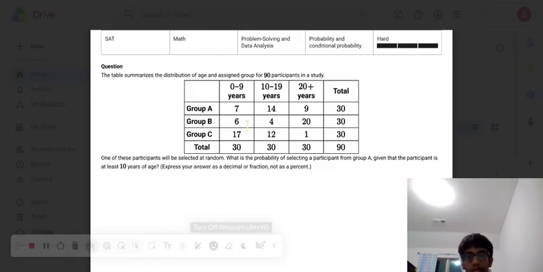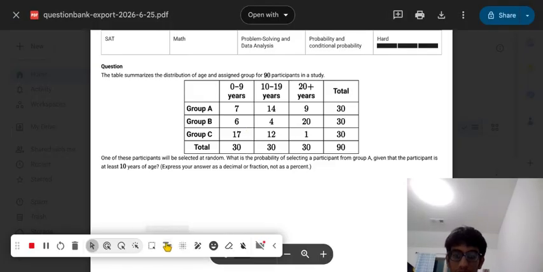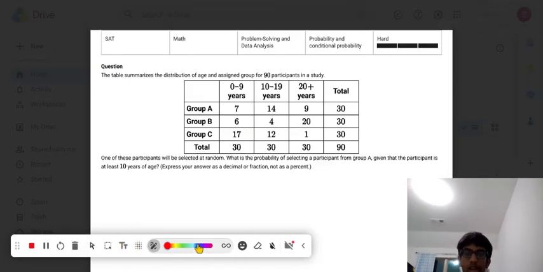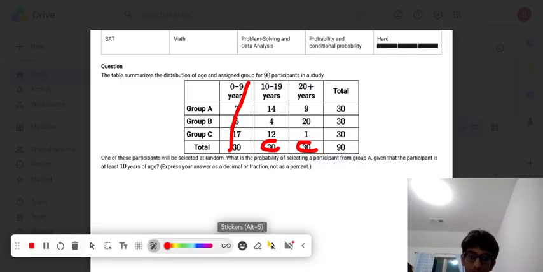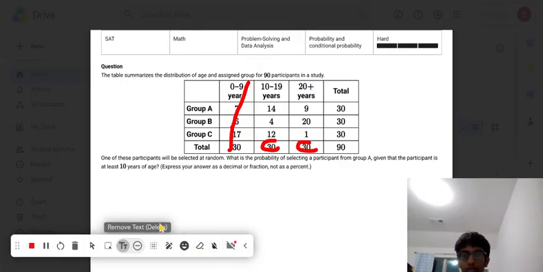We're asked to find the probability that it's in group A. If it's at least 10 years of age, that means we can eliminate this column right here, because it's from 0 to 9 years. So what we have is the total 30 plus 30, which is 60. So we have 60 total options or people that we can have.